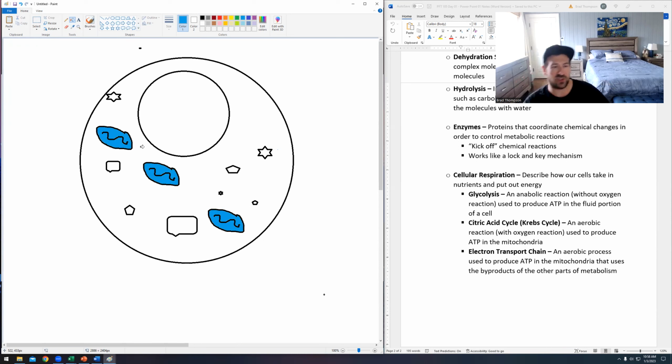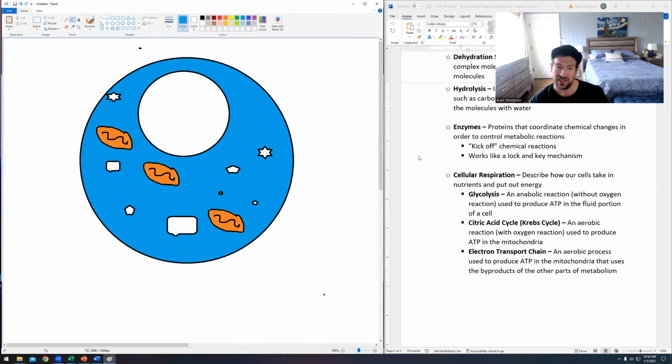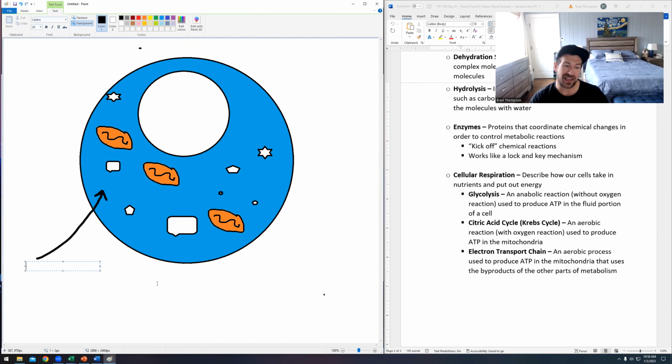Actually, let's use a different color. Let's use orange here. So there's our mitochondria. Now, inside all your cells, this empty space in the middle is actually not empty. It's a fluid. All of your cells have a lot of fluid in them. We can produce energy in two places inside our cells. We can produce energy here inside the fluid. This is what we call our cytoplasm or cytosol.